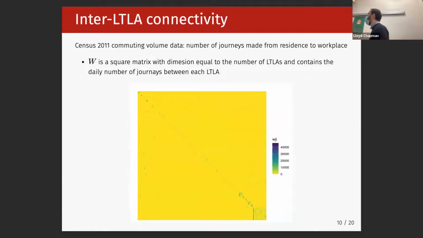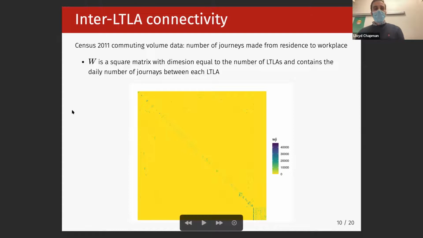When it comes to coupling together the different geographical areas, as you saw, you can either use something like a power law, or if you have some real data available, probably it's a good idea to use them, because we want to resemble as closely as possible the way in which people interact between these different spatial units.